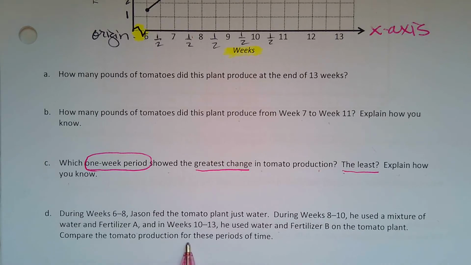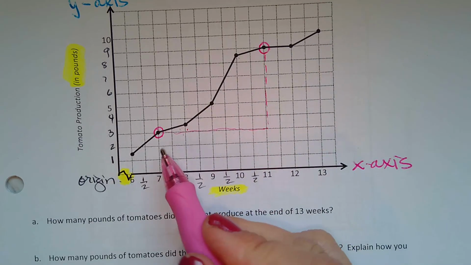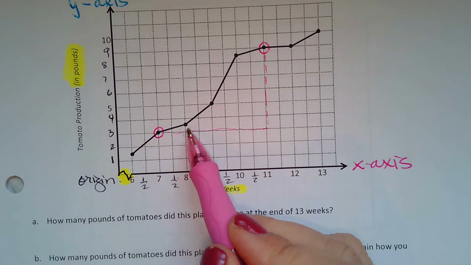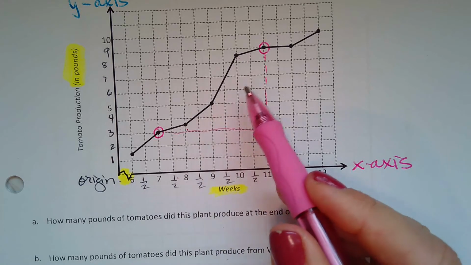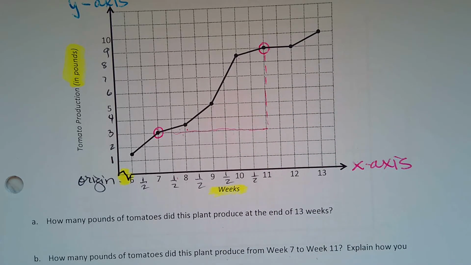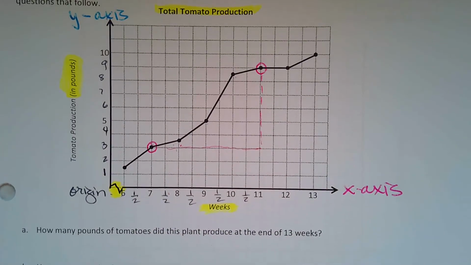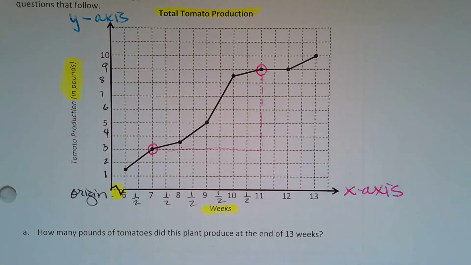Compare the tomato production for these periods of time. So comparing 6 to 8, 8 to 10, and then 10 to 13. Which strategy did he use?